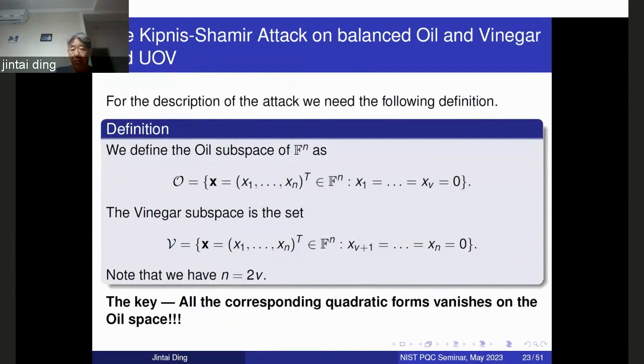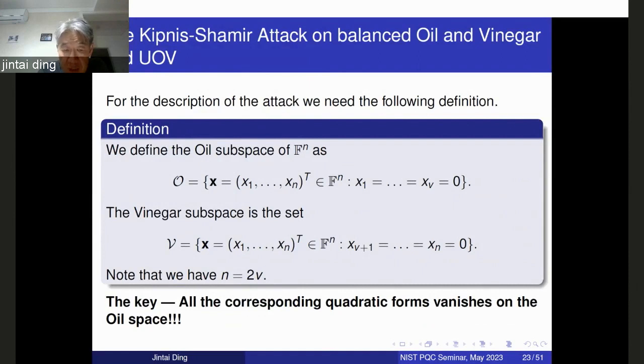Okay, how do we do that? To prepare the attack, we need the following definitions. First we define the oil subspace of F^n. The oil subspace consists of the vectors such that x1 to xv equal 0, which means the oil subspace is the set of vectors with the first v components equal to 0. And the vinegar subspace is the set such that the last set of variables, which means the oil variables, are equal to 0.